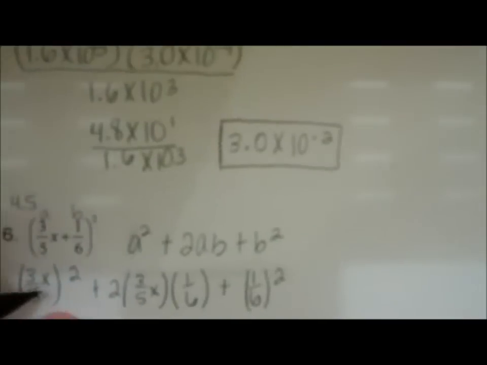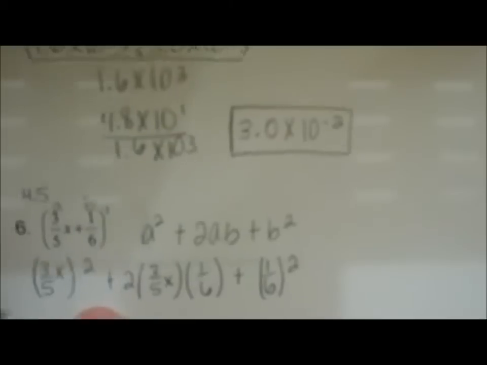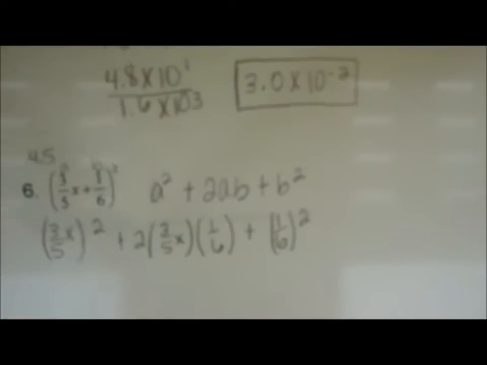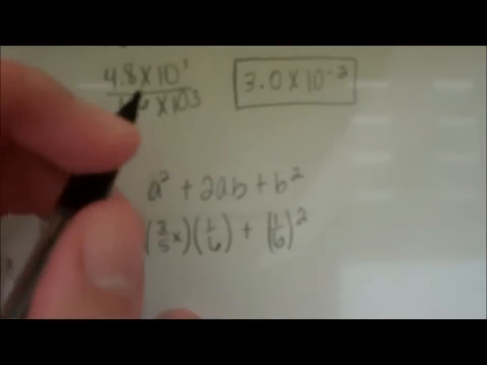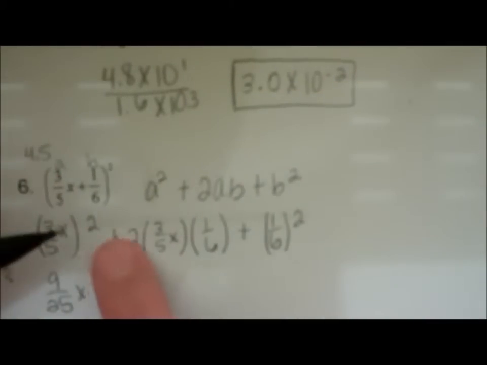Okay, so now if I take 3/5 x squared, that's saying the same thing as 3 over 5 times 3 over 5. So that's going to give us 9 over 25x squared. Plus, I'm going to multiply across here.